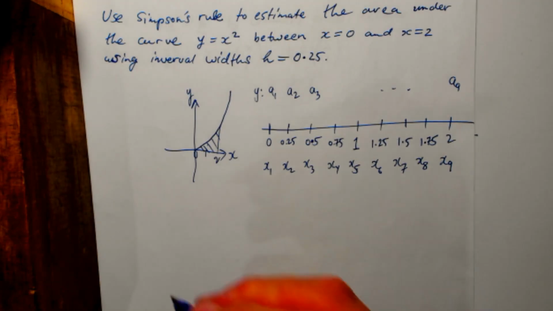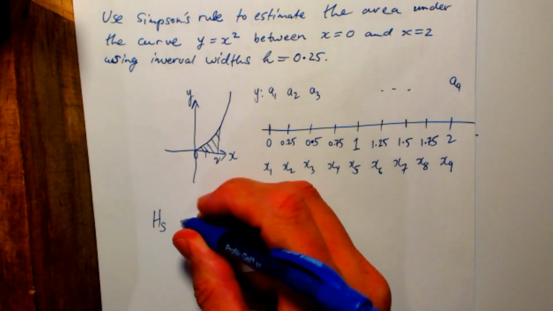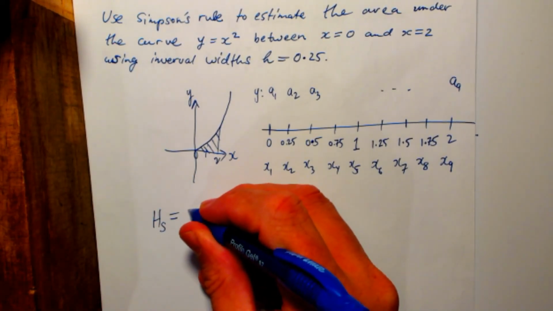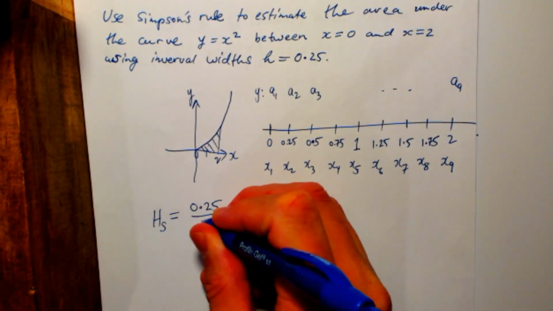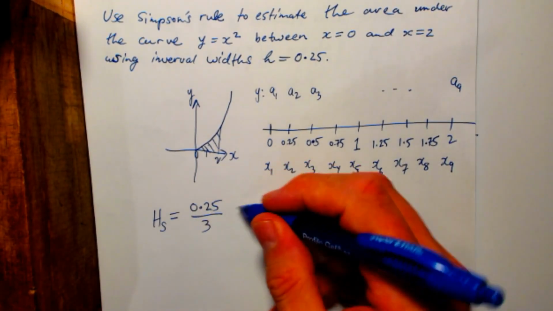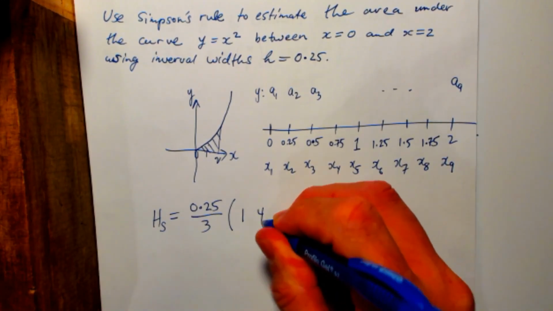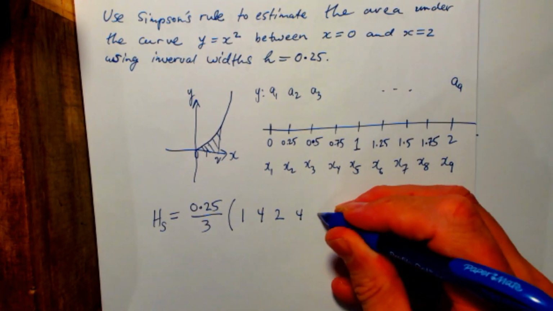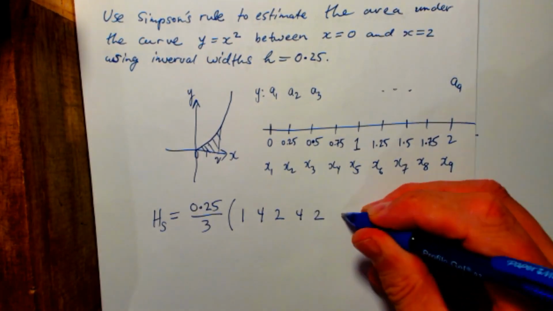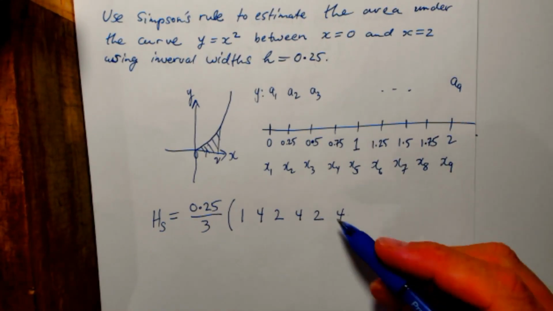Okay, so now remember the pattern. We form this matrix H subscript x for Simpson's rule. So we've got our step size or interval width 0.25, divide by 3, and then we write 1, 4, and then 2, 4, and we alternate between the 2's and the 4's. And we've got to have 9 entries here, so it works with this.